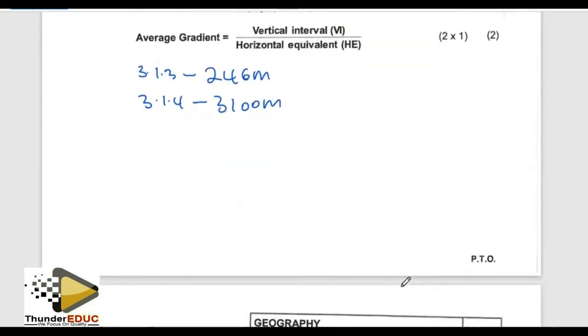So what we do there, since we already have the distance, this was the distance here, then this was the difference in height. Okay.